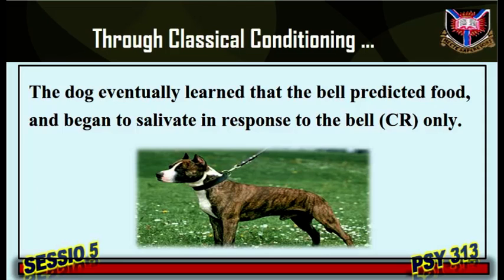When a CS develops the ability to trigger behavior that is normally caused by a US, this learned response is called the conditioned response or CR. In Pavlov's experiments, the dog eventually learned that the bell predicted food and began to salivate in response to the bell, CR only.